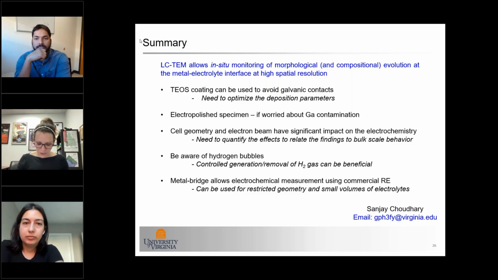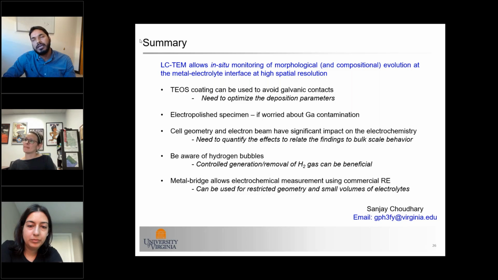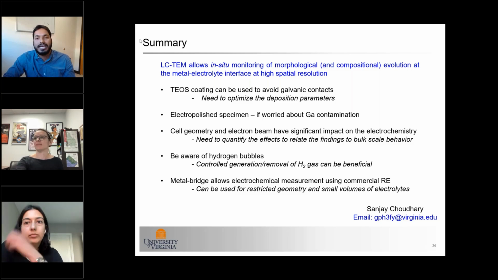Next question I have here is, did you find that flow rate helped prevent beam damage in your electrolyte? That is a great question. We use electrolyte like sodium chloride, where we don't see much of an effect. Of course, there will be pH changes, but we have not realized much change in the electrochemistry data.